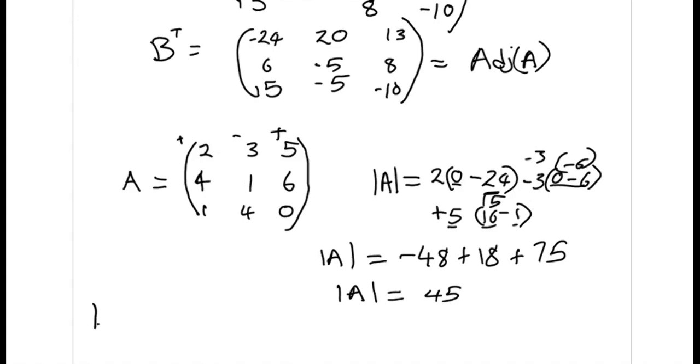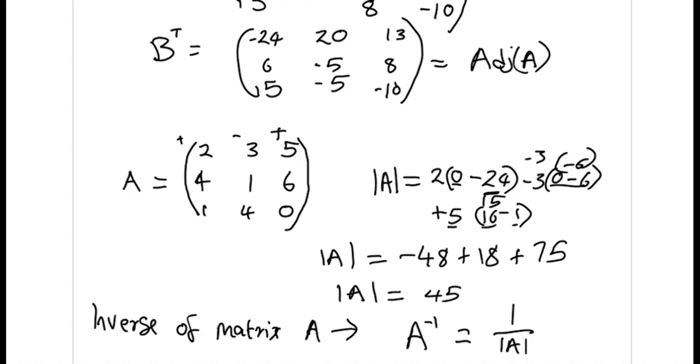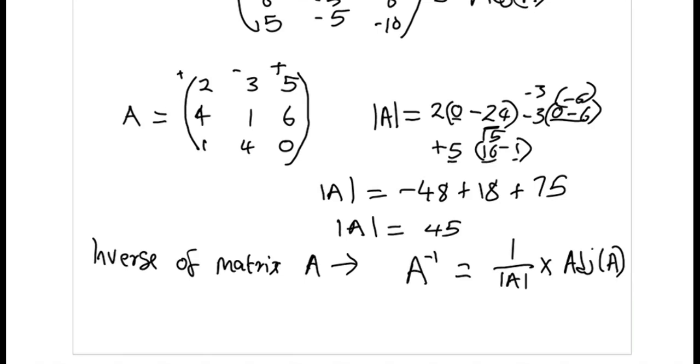So the inverse of a matrix A is denoted by this symbol A inverse, and it's equal to 1 all over the determinant of A times the adjoint of A. So this is actually how we can get the inverse of a square matrix.